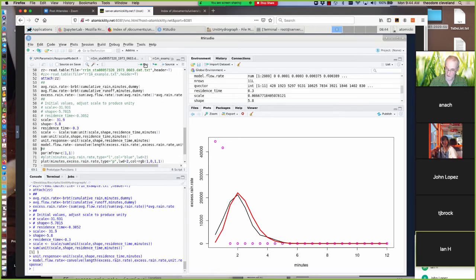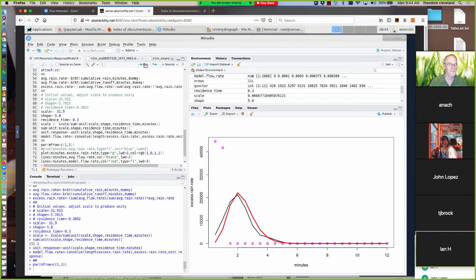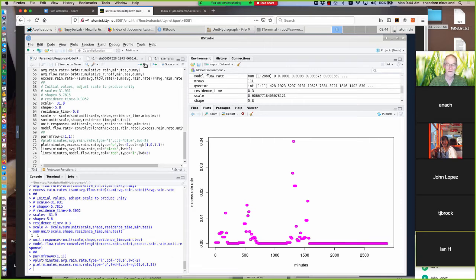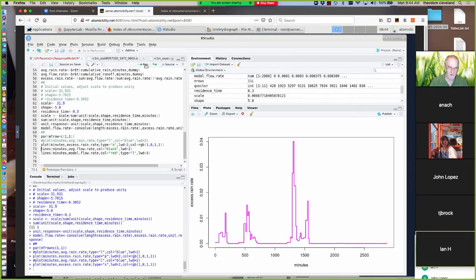Okay, so now in theory we've just passed all our information through the unit hydrograph. There's our rainfall. I'm going to switch it back to a different plot style. So there's rainfall in magenta. Excuse me, excess rain in magenta.